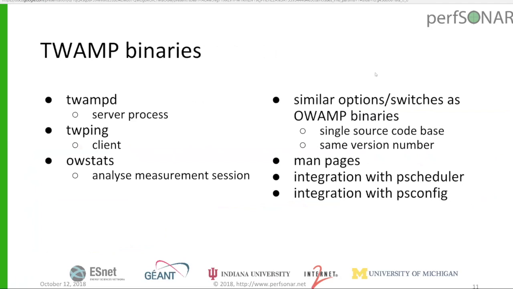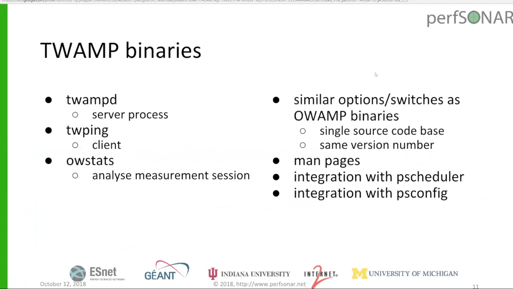In terms of binaries which are available in the implementation, this is based on OWAMP binaries, because, as I said, the architecture of the protocol is very similar, and this is reflected in the implementation.